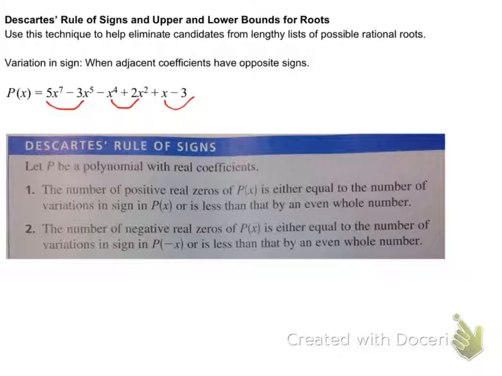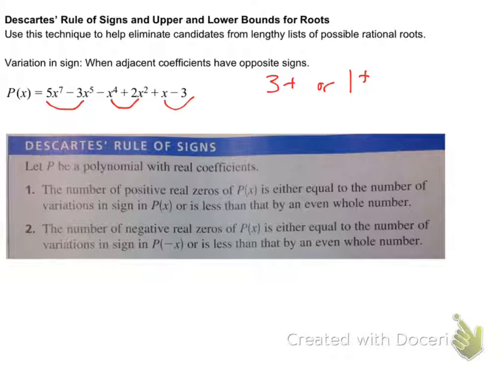So let's go back to our example. In our example, P of x itself had how many sign variations? 3. So this problem could potentially have 3 positive answers, or 1 positive answer, or 1 positive solution, we say.